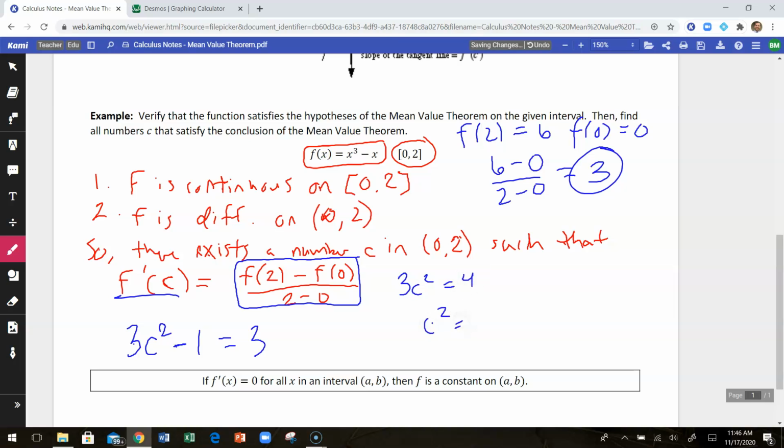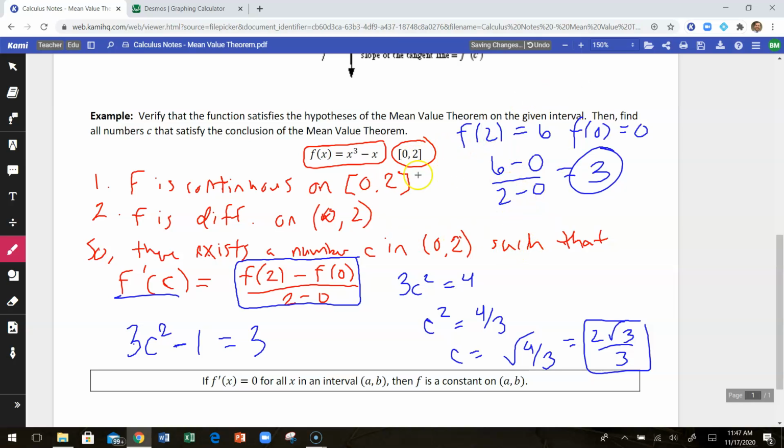So c squared is equal to 4/3. And so c is going to equal, positive and negative, the square root of 4/3. But we are looking for a c value between 0 and 2, which means we want the positive square root. The square root of 4/3 we could say is 2 over root 3, so that's 2 root 3 over 3. That is going to be our c value.